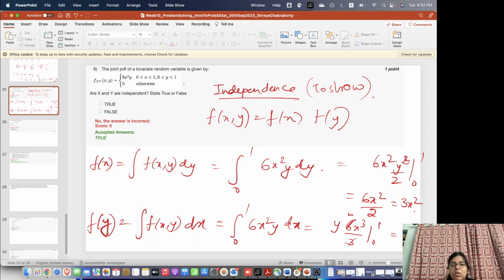Alright, now 3x square into 2y is 6x square y, therefore it is true. So if this is clear, then I am going to move on to the next one.